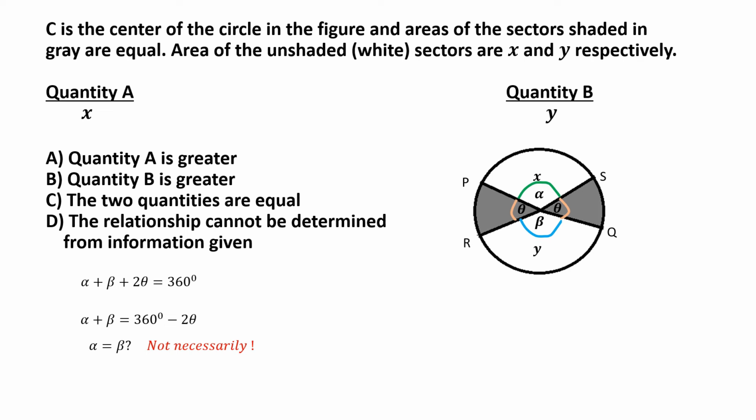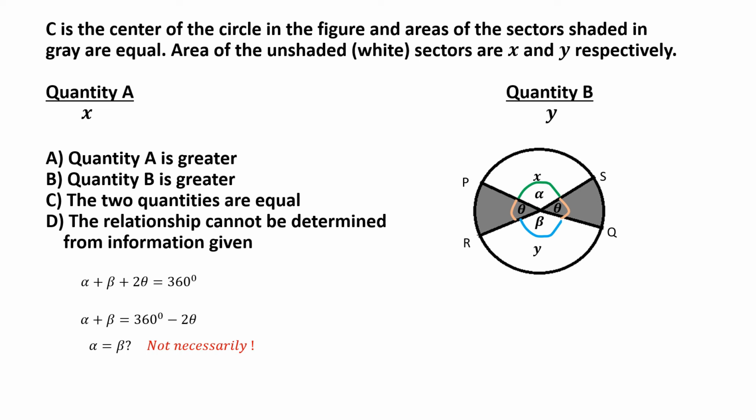One thing to note, and that's another way to reason out this problem, is that these two equal sectors can have different orientations with respect to each other. The one shown in the figure is only one possible orientation, in which, though it's not necessarily given, it may appear that the two white unshaded sectors are equal to each other.